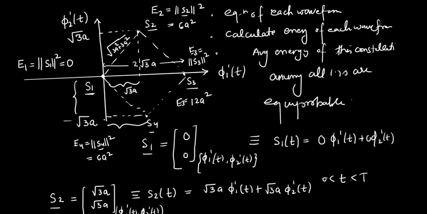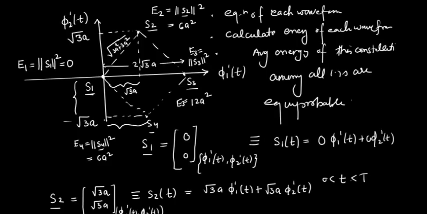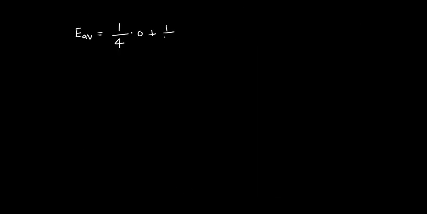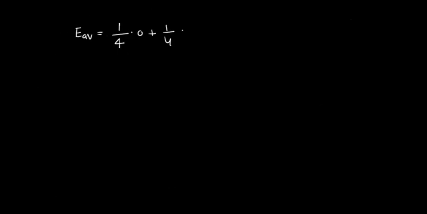Yes or no? So, now we have energy of each constellation point or energy of each waveform. What is the average energy of the constellation, and what is the physical meaning of average energy of this constellation? These two questions are remaining. So, first, what will the average energy be? You have to write 1 by 4 times the energies added. S2 will be 6a square.